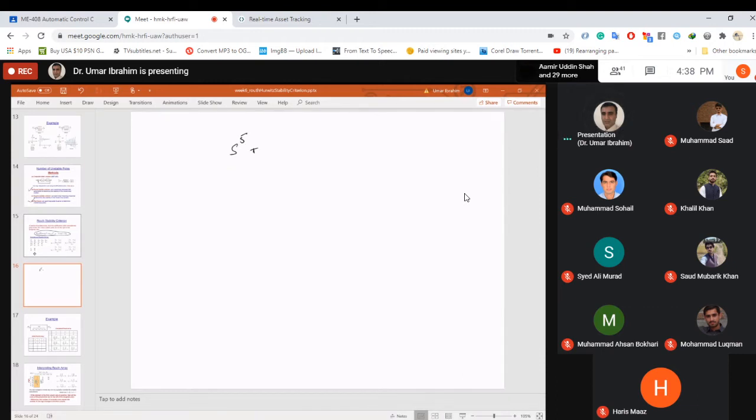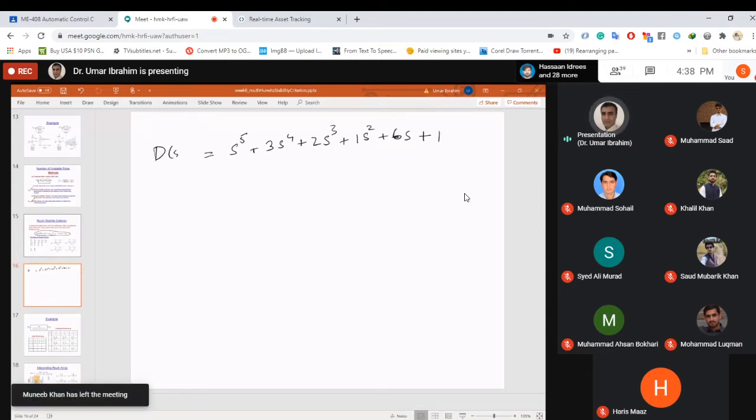s5 plus 3s4 plus 2s cube plus 1s square plus 6s plus 1. Let's suppose this is d of s, the characteristic polynomial of a closed loop transfer function.